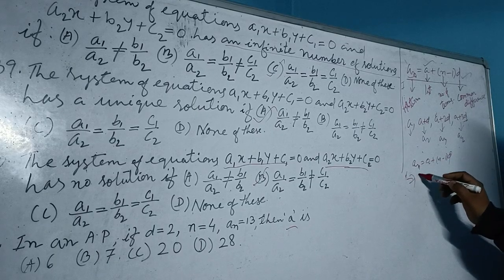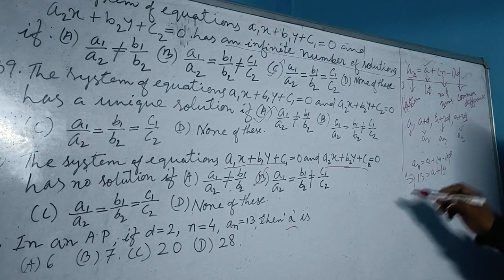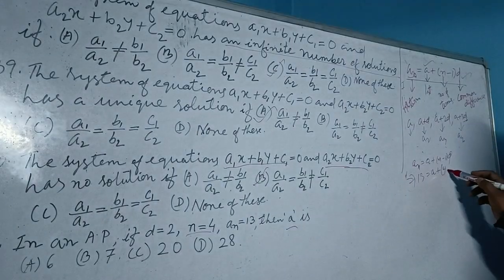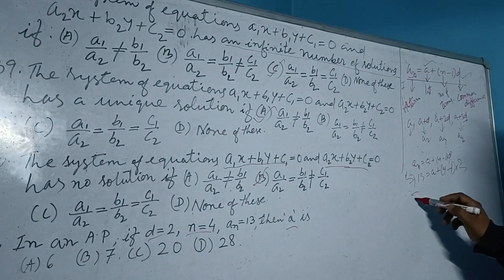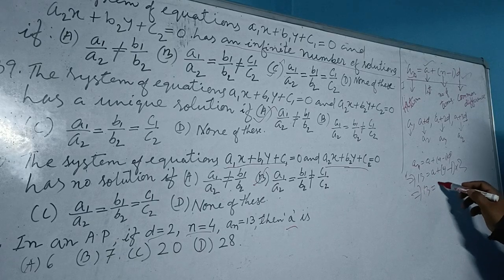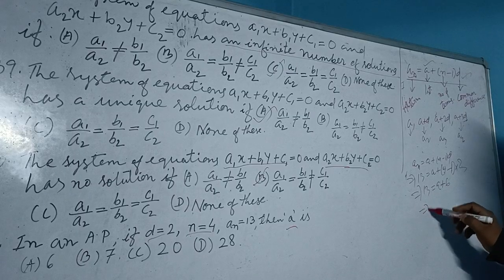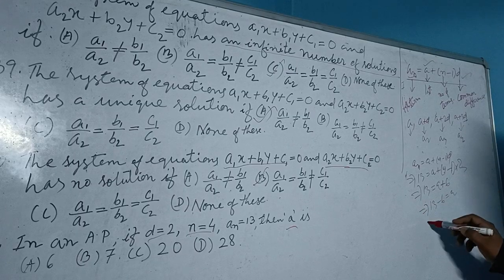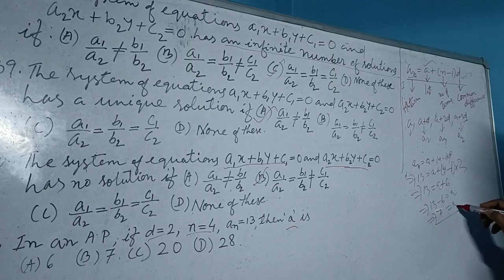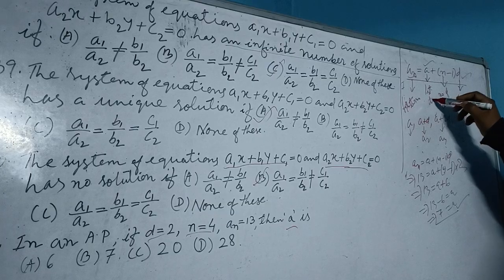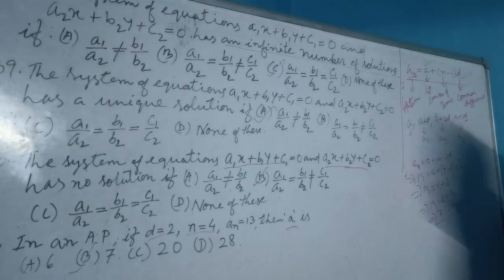The nth term is 13, which is equal to a, n is 4, so 4 minus 1, and d is given as 2. So 13 is equal to a plus 3 times 2, that is 6. Bring this 6 over, so 13 minus 6 is equal to a. 13 minus 6 is 7, so a is 7, which is the first term. So the first term of this AP is 7. That is option B.